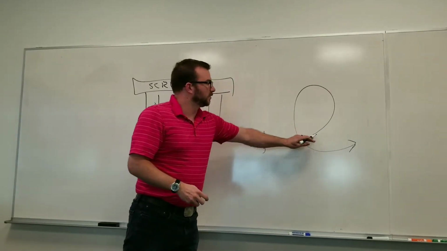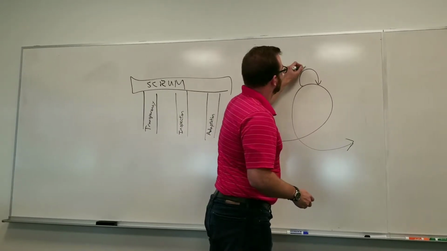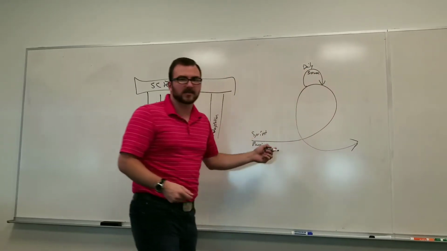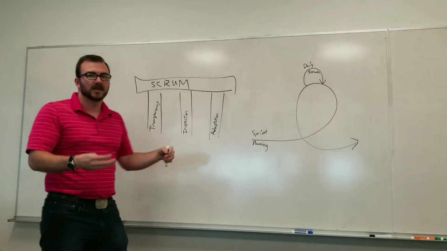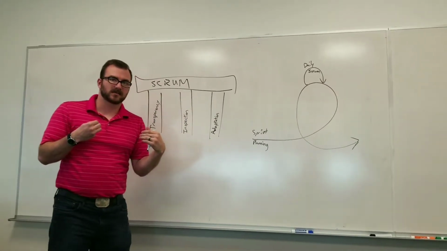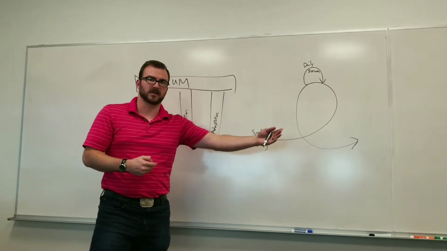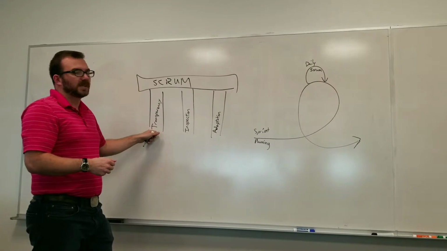As we come into our sprint, we have our daily Scrum. Once again, another opportunity to be transparent. What did I do yesterday, and what am I planning on doing today? That moves us towards accomplishing our sprint goal. So we're giving that transparency.